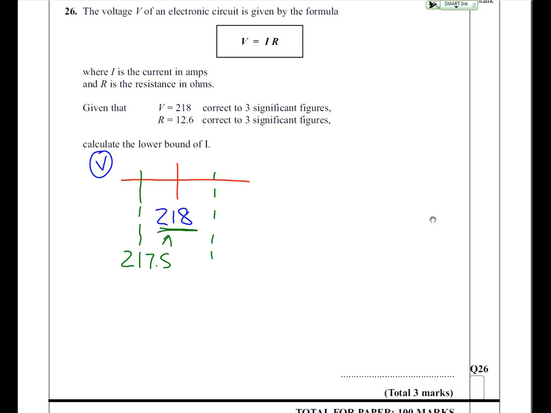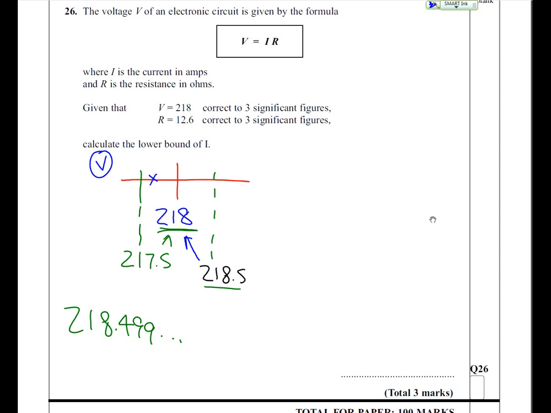Anything below 218.5, you'd round down. Okay? When I say below, we're talking about 218.4999 going on forever, which is effectively the same as 218.5. So they're both going to round to that.